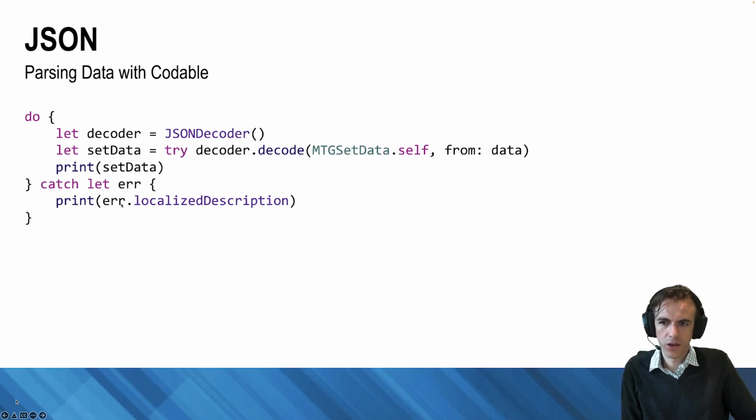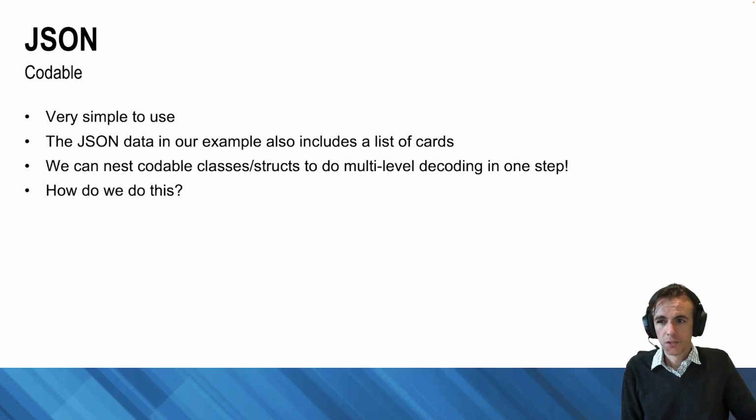And if there's any kind of error, you'll be able to see an error message of how this process failed. And we'll see in the lab class how we can do things like deal with optional properties that may or may not be present in the JSON. So this is super simple to use.